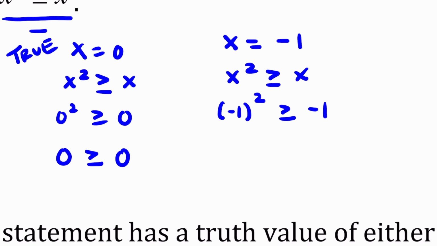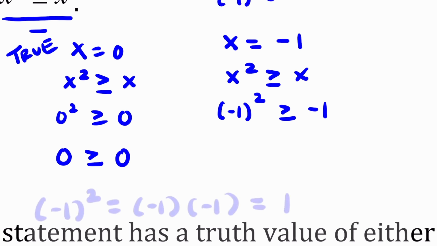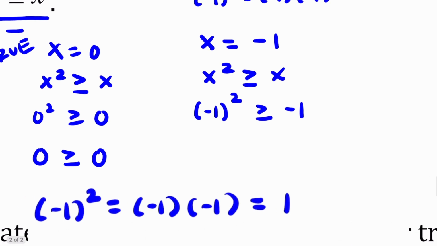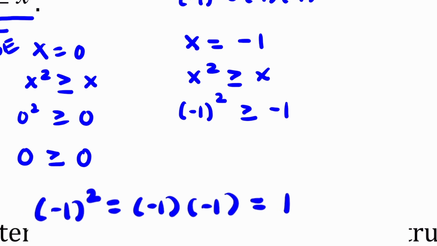So again, when you have something like x squared, replace the x with -1, but remember to put parentheses around the -1. So (-1) quantity squared is like saying -1 times -1. And a negative times a negative is positive, so -1 times -1 is +1.